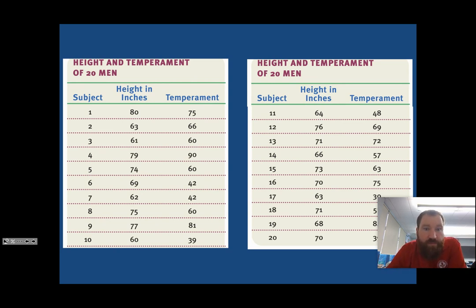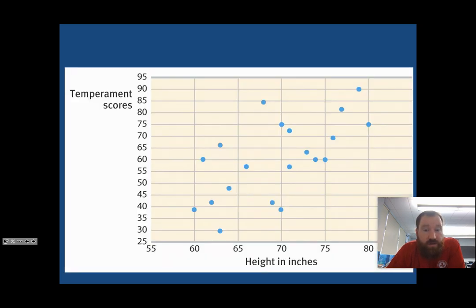But if we plot it on a scatter plot, which is basically an X and Y axis, it turns out that there is a positive correlation between height in inches and temperament scores. If you were to draw a solid line through this data, you would get a positive slope.